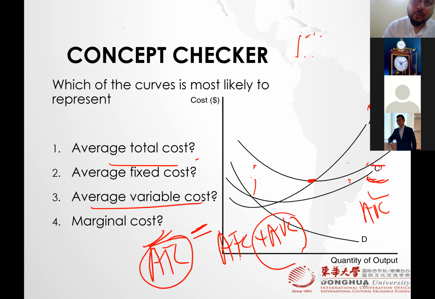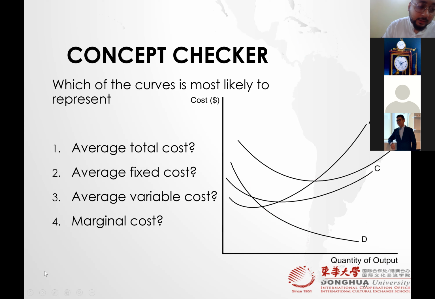B would be average total cost, and marginal cost crosses both average variable and average total cost.